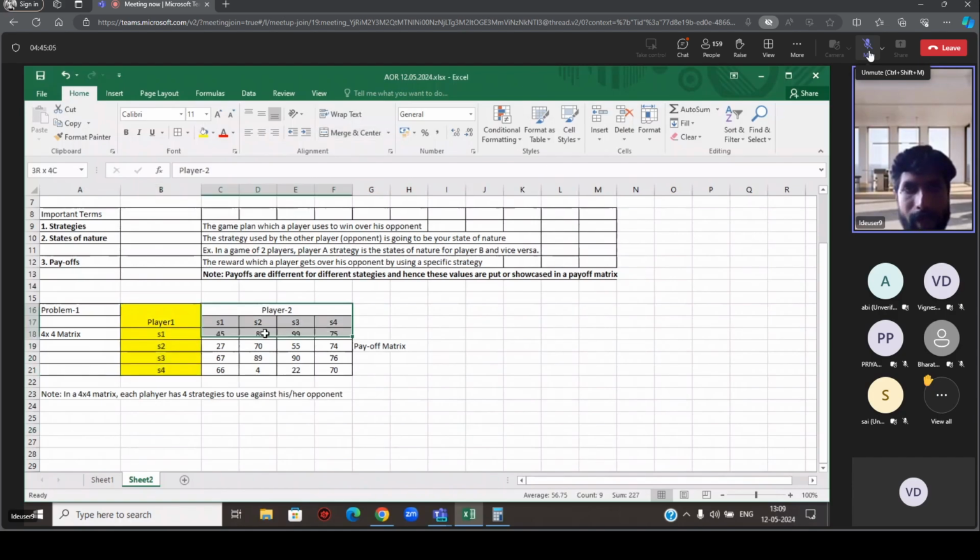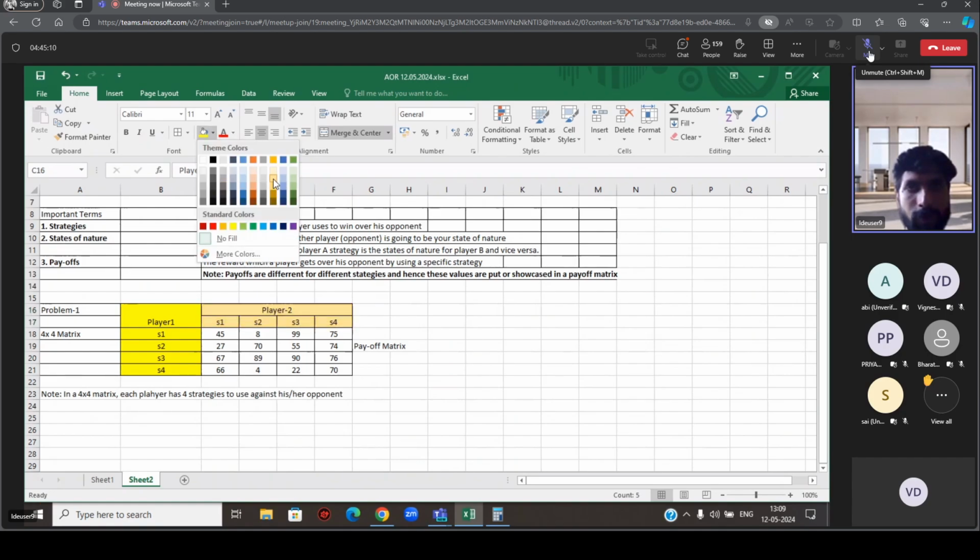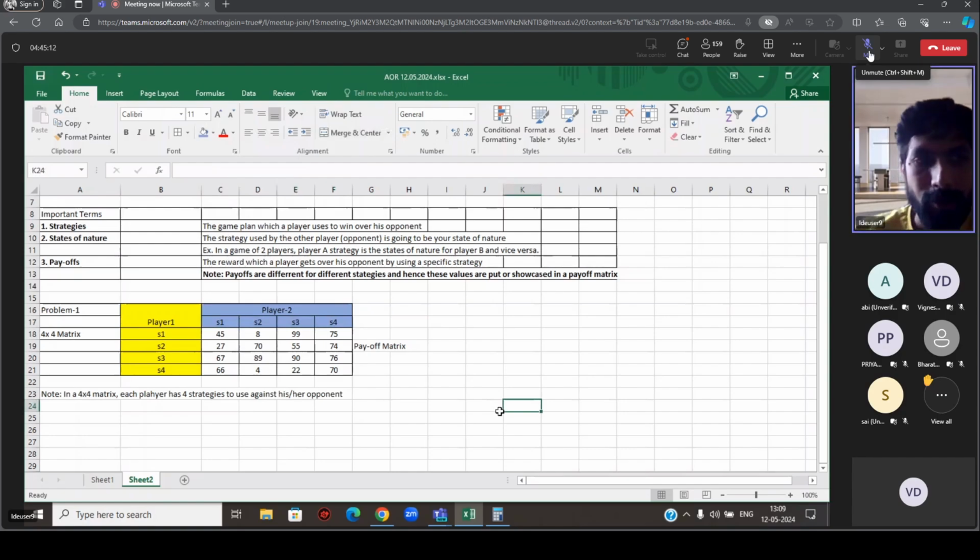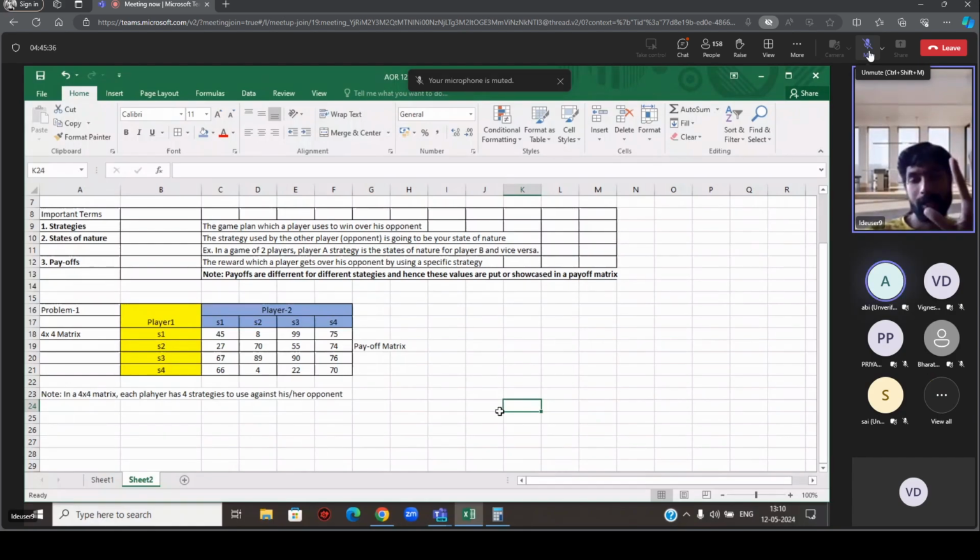And player 2 has 4 strategies, S1, S2, S3, and S4. So what am I trying to say here? If it's a 4 cross 4 matrix, then each player is going to have 4 strategies which he can use against his or her opponent. Am I getting my point? If it's a 5 cross 5 matrix, each player is going to have 5 strategies which he can use against his opponent.